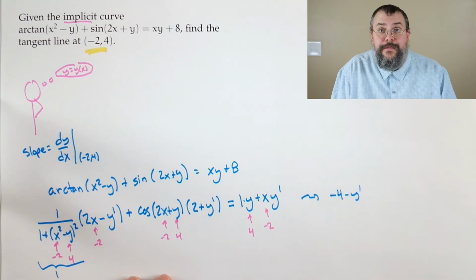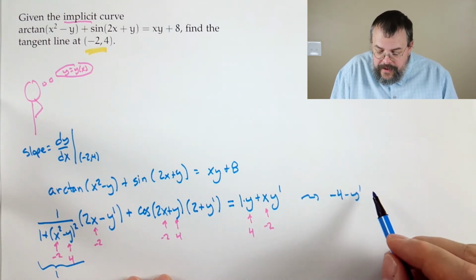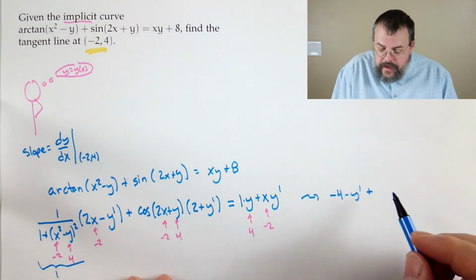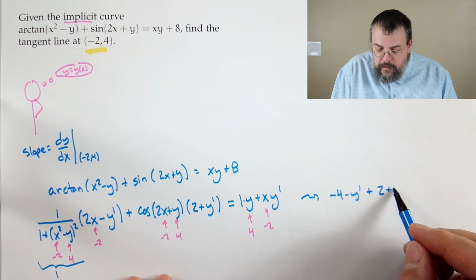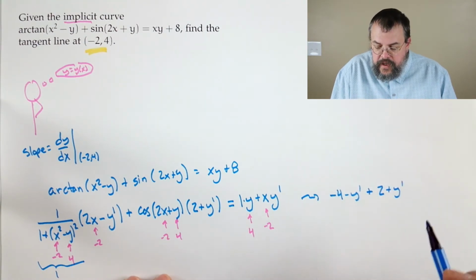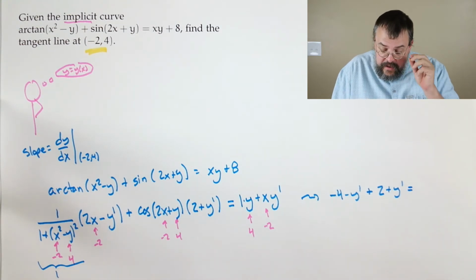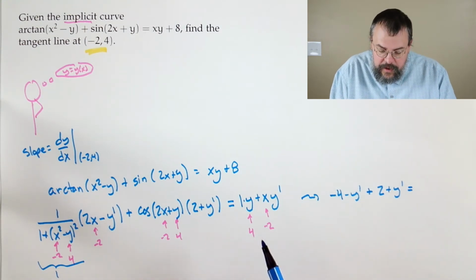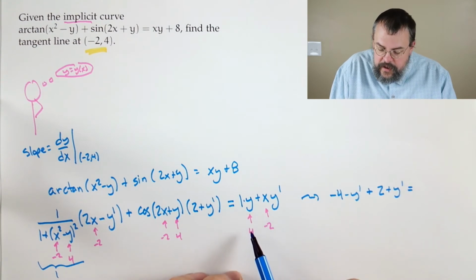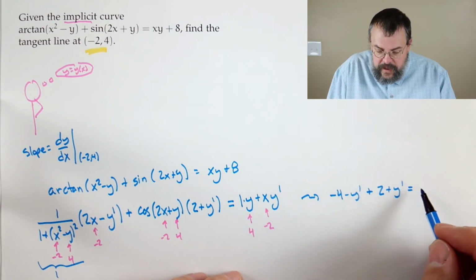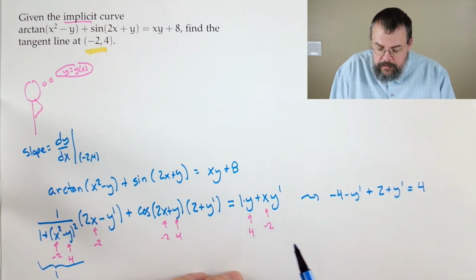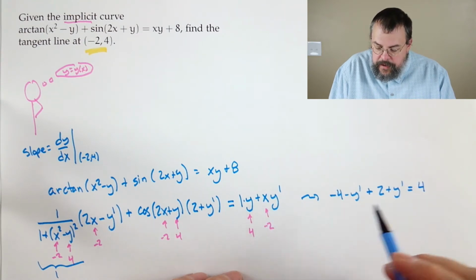Cosine of 0 is 1. So then we have plus, and here we'll have 2 plus y prime is equal to, all right, on the other side, what do we have? Well, we have a 4, 1 times 4, and then we have -2 y prime.